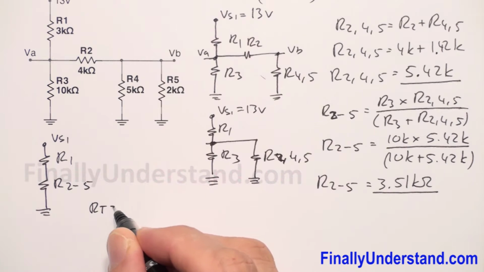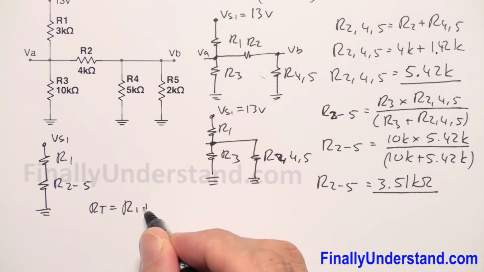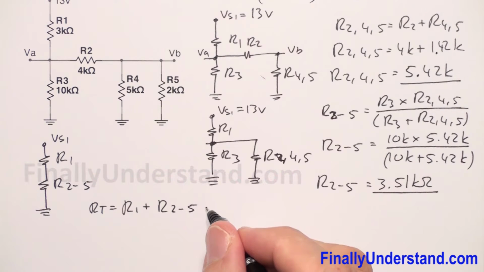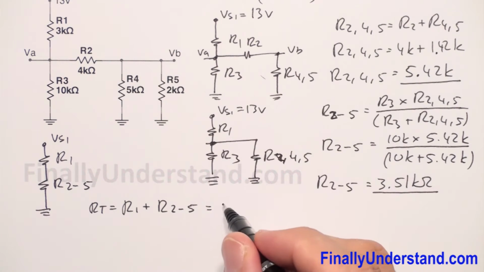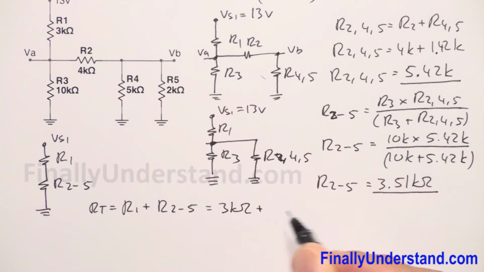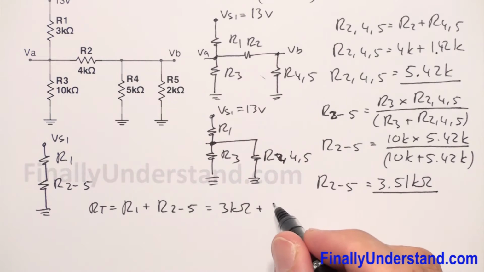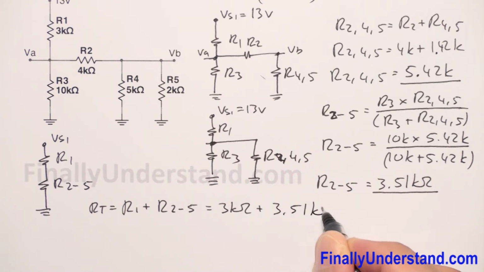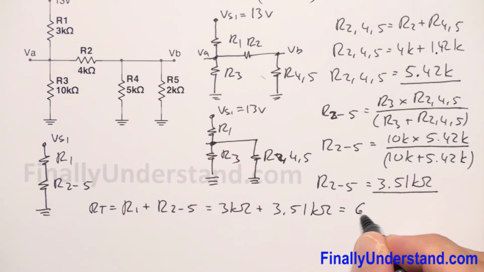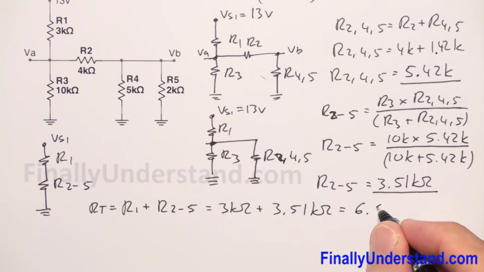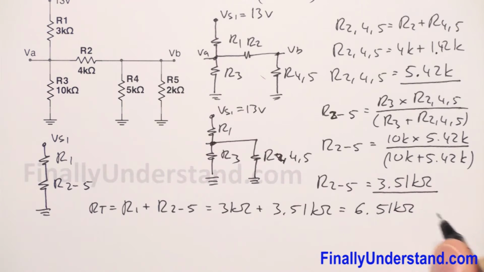R total is equal to R1 plus R2345, which is equal to R1 of 3 kiloohms plus R2345, which is 3.51 kiloohms, which is equal to 6.51 kiloohms. So this is my total resistance.